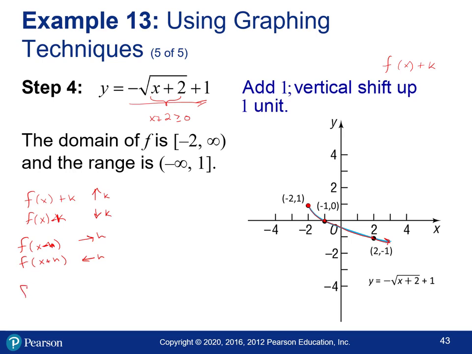And then you have your compressions and stretches. If you have the number being multiplied out front, that was a vertical compression or stretch. And if you had the number inside multiplying the x, that was horizontal compression or stretch. And then it was stretched or compressed depending on the number.